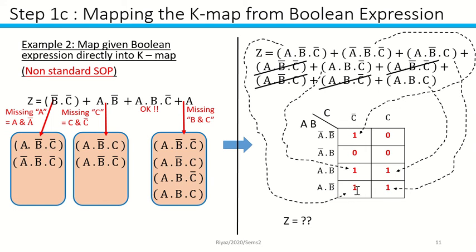So you have 1 over here. The second one will go over here. So A bar dot B bar C bar. So you have 1 over here. A B bar C. So A B bar C you have over here, and so on until you finish everything.